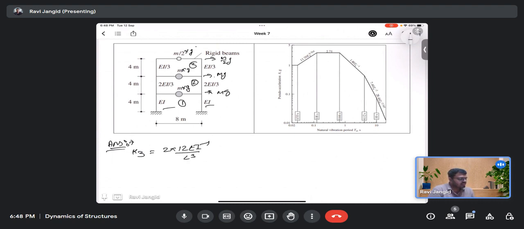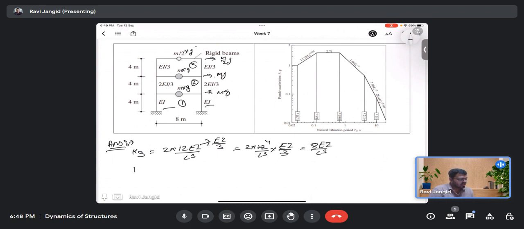Here EI would be EI by 3. If I put EI as EI by 3, that becomes 2 into 12 by L cube into EI by 3. That will cancel out to 4, so it becomes 8 EI by L cube.